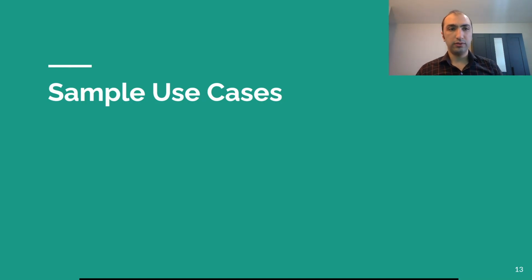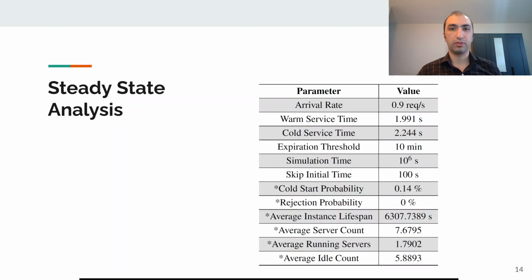Now, we want to discuss some sample use cases of SimFaaS. This is an example of the kinds of inputs and outputs that you can give and expect from this simulation platform. In this example, any element with a star next to its parameter name is an output of the system, and the other elements are inputs to the system.